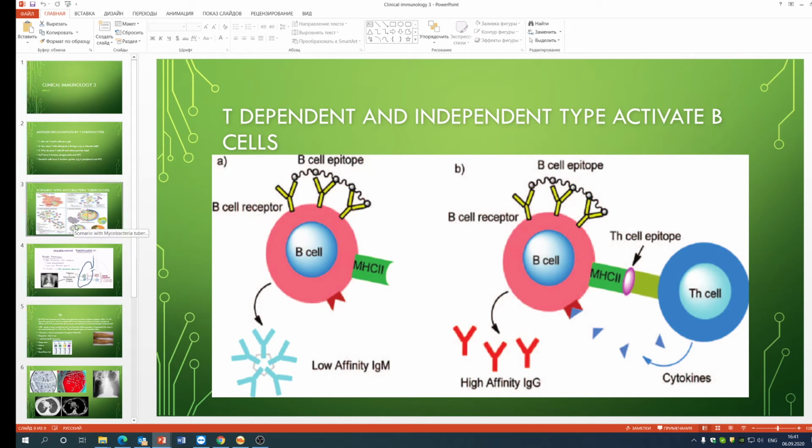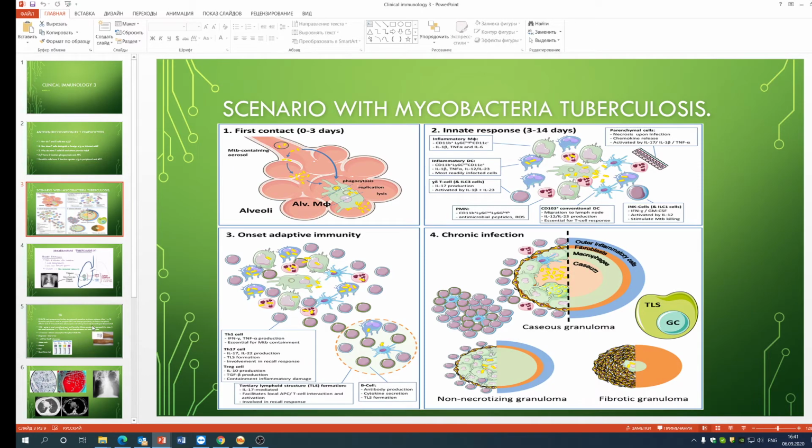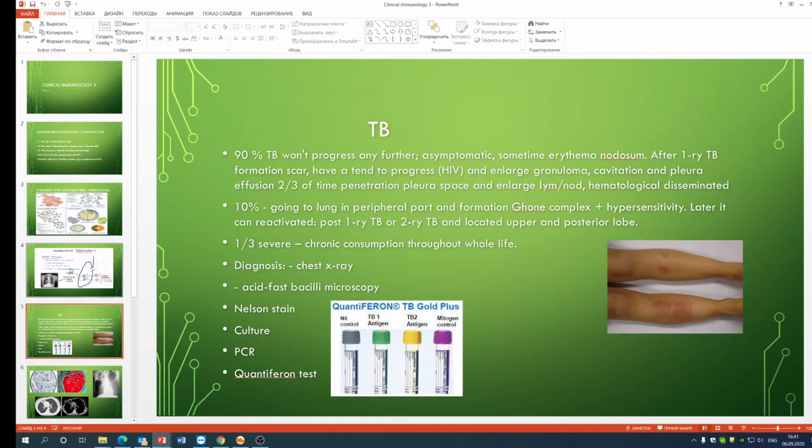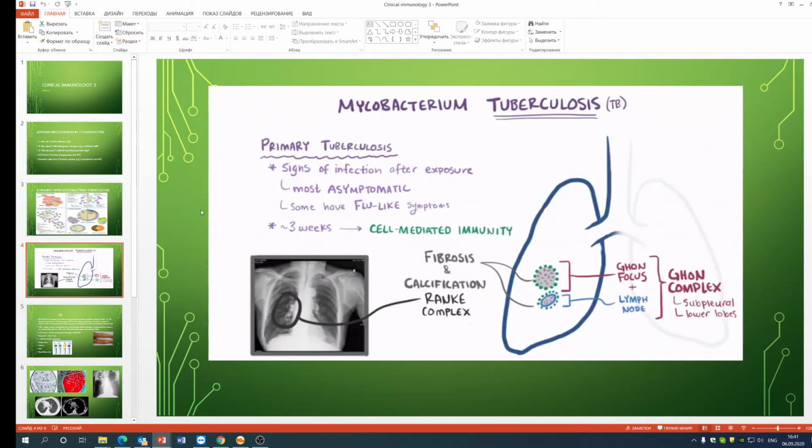Now we discuss a scenario of response and defense against tuberculosis. Tuberculosis bacteria are unique compared to other bacteria.